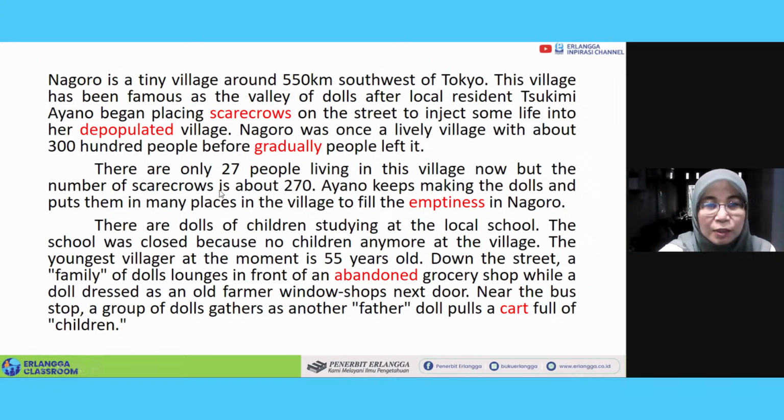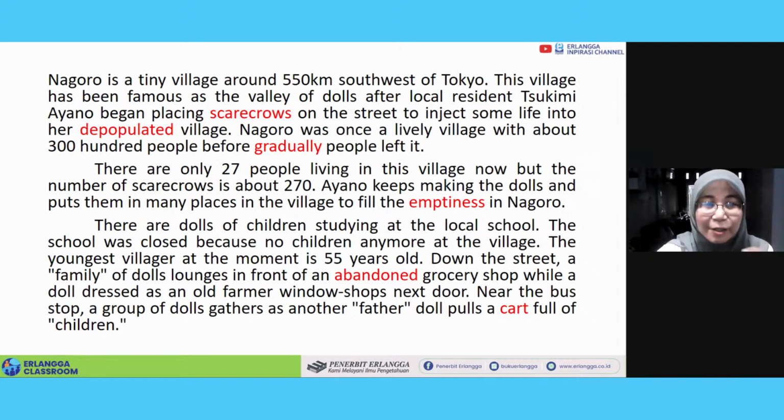You compare the number of the scarecrows and the number of the people. Okay. And then Ayano keeps making the dolls and puts them in many places in the village to fill the emptiness in Nakuru. There are dolls of children studying at the local school. Doll here means the scarecrows.